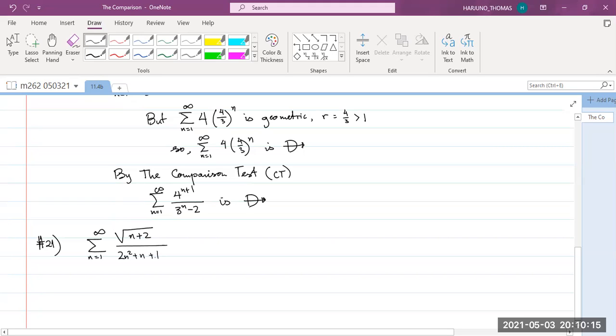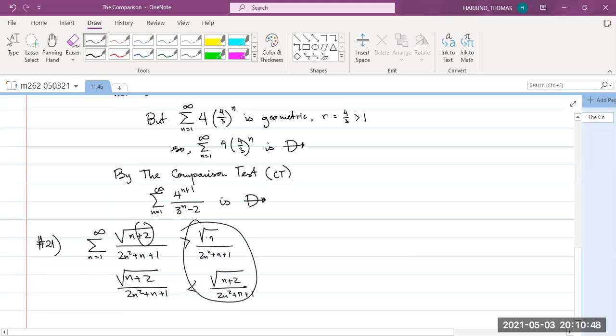If you try to use comparison, this guy is greater than this. Okay, but this guy is smaller than this. You see what I mean? So it can go both ways, and we don't even know if either one of these is convergent or divergent.